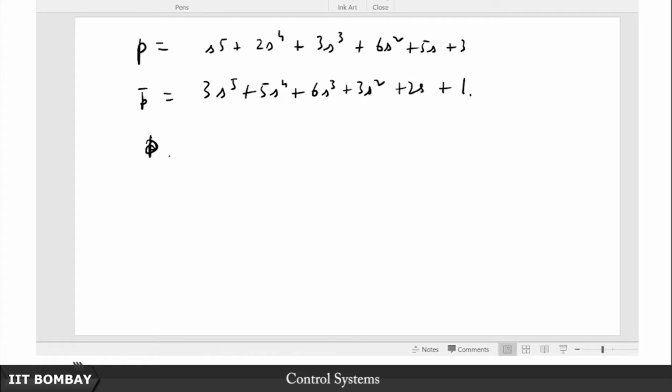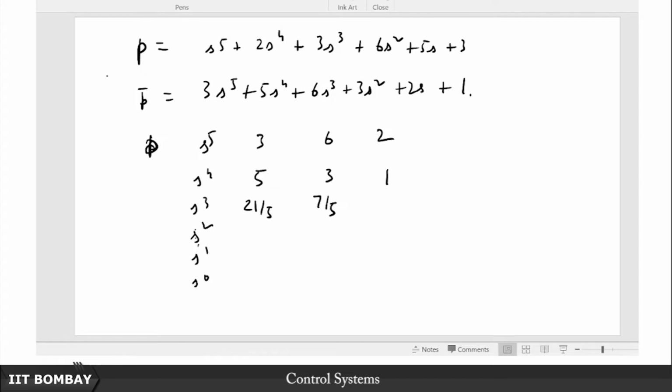For p bar, we take s to the 5, s to the 4, s to the 3, s squared, s to the 1, s to the 0. So we have 3, 6, 2, 5, 3, 1. So 5 times 6 is 30, minus 9 is 21, so it's 21 by 5. And 5 times 2 is 10, minus 3 is 7, so it's 7 by 5.